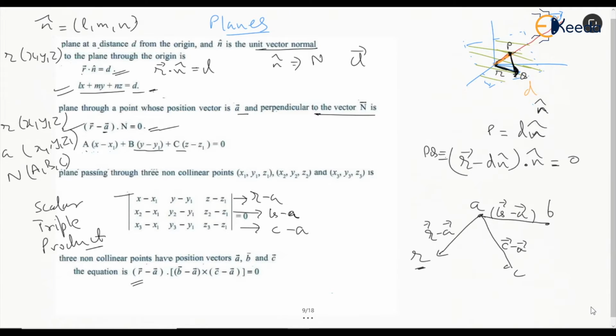We have already seen this. So using these 3 lines, this scalar triple product is going to be 0, and that is how we can get the equation of the plane which is having these 3 points. And this is what we have written in the equation form, (R minus A) dot (B minus A) cross (C minus A), right? The cross product, because this is a scalar triple product.